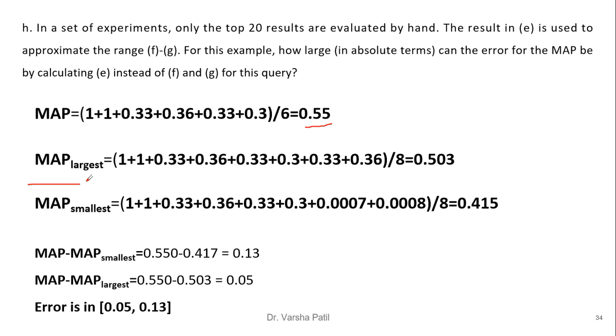With the largest we found the MAP as 0.503, and with the smallest, we make the assumption that all the relevant documents are returned at the end, at the 9,999 location and the 10,000 location, and we get 0.415. So we need to take the difference between these, and that is nothing but the error between them.